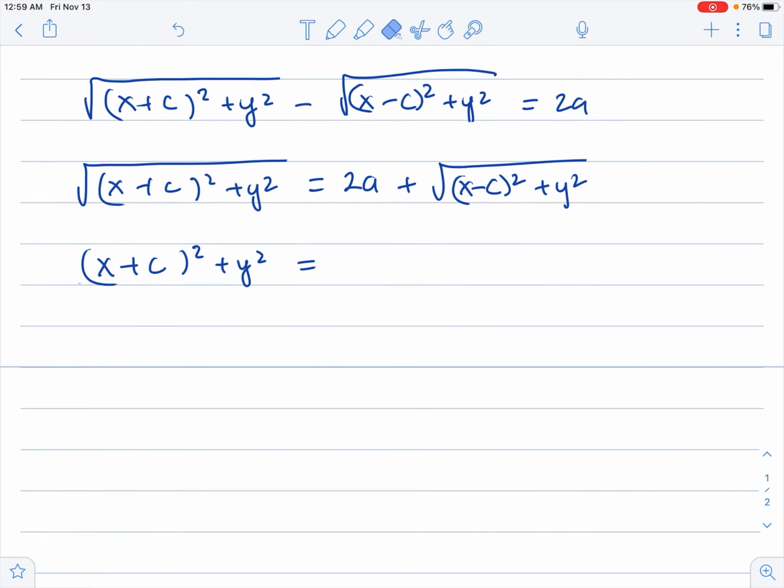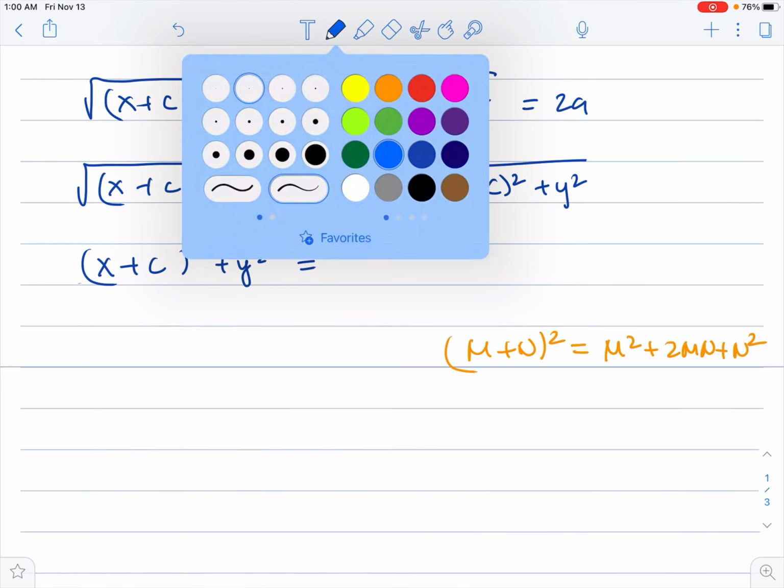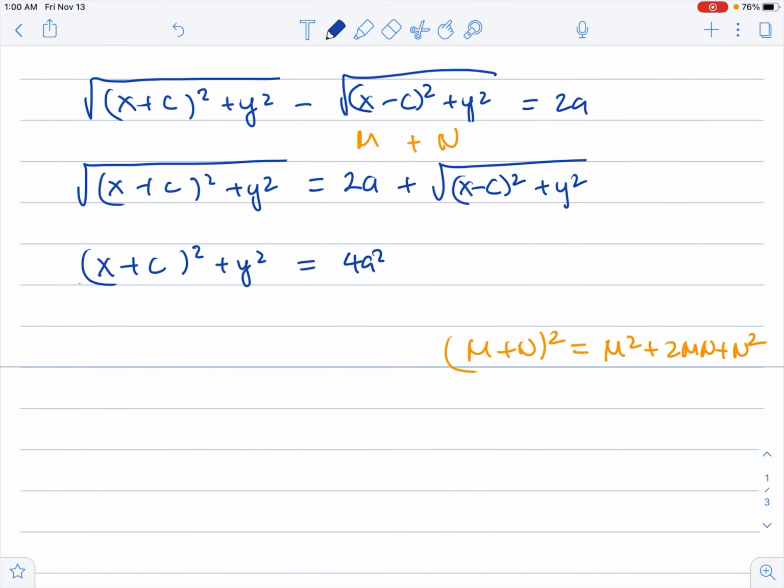So, pag in-square natin yung nasa kanan, so parang m plus n quantity squared, which is equal to m squared plus 2mn plus n squared. Diba? So, ano ang m squared natin? Ibig sabihin, square natin yung 2a. That's 4a squared. So, ano ang 2mn natin? Bali, 2 times this 1 times this 1, di ba? So, what is 2 times 2a?